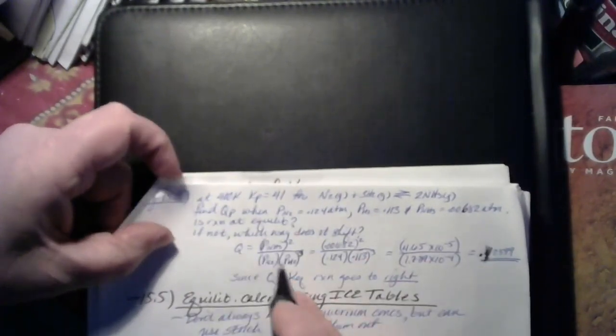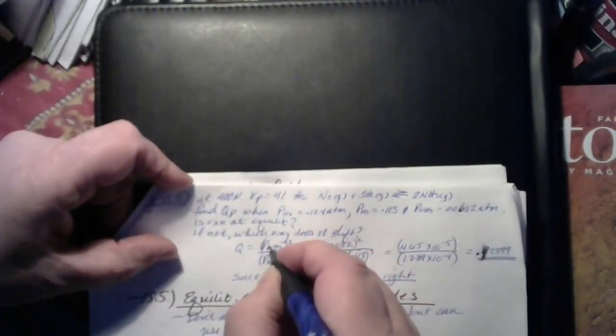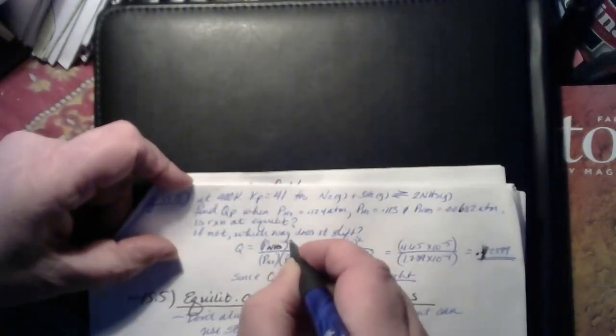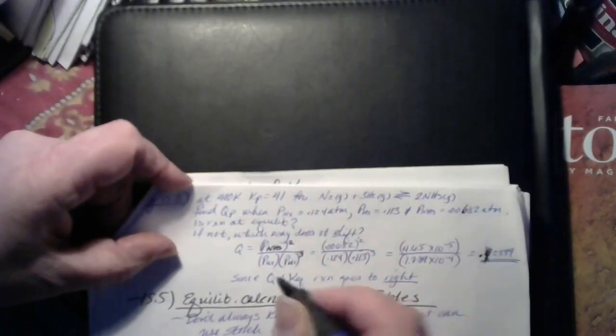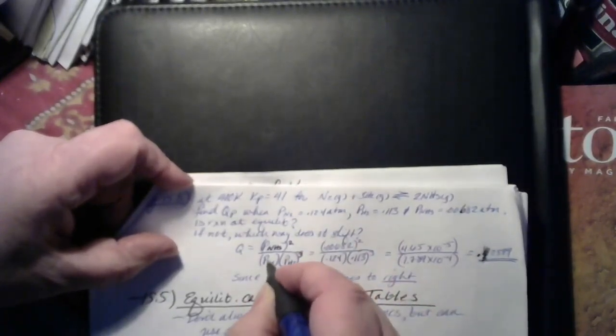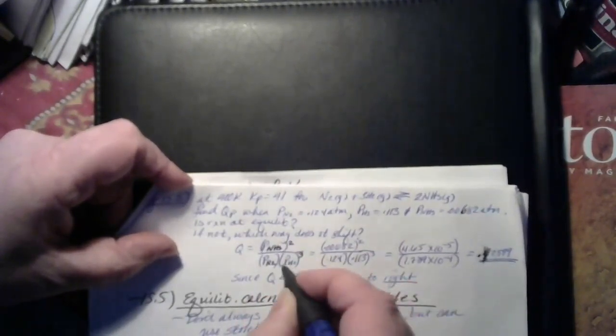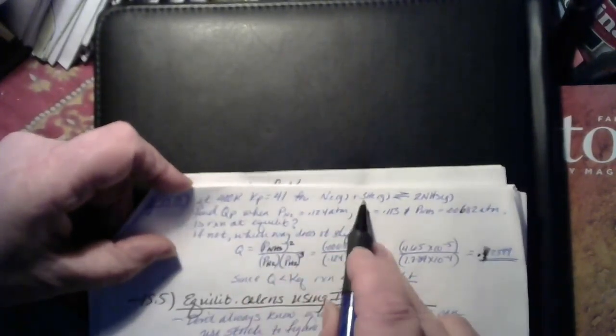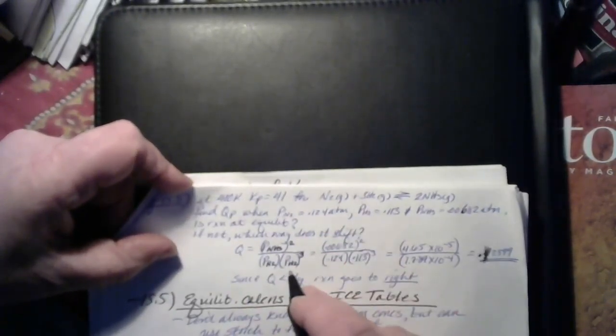So Q is just going to be products over reactants. So that's P of NH3 squared over P of N2 to the first power times P of H2 to the third power, because the coefficient for hydrogen is 3.